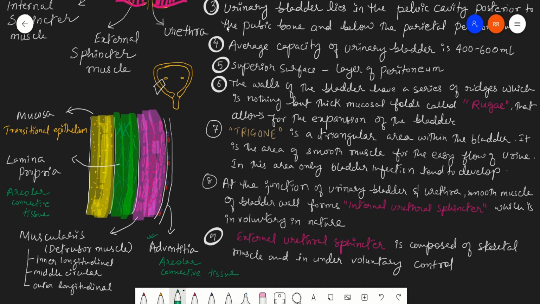Remember that this adventitia is the superficial coating on the posterior and inferior surface of the urinary bladder, whereas on the superior surface of the urinary bladder there is another superficial layer known as the visceral peritoneum, which we have already discussed before.